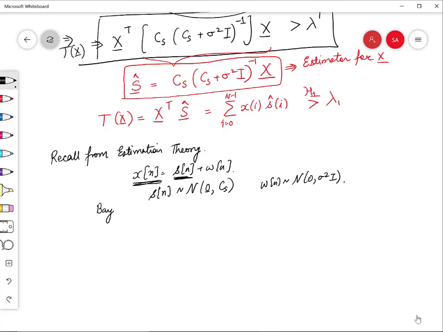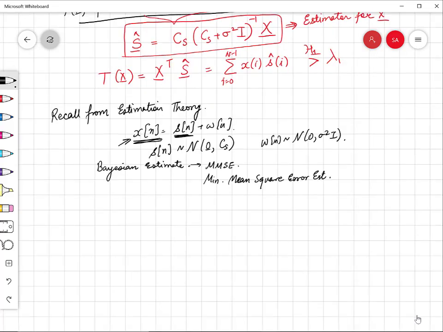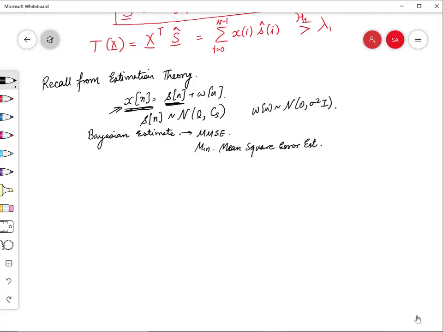So we want to estimate s of n using the observations x of n. The commonly used Bayesian estimate in this case is the MMSE, the minimum mean square error estimate.